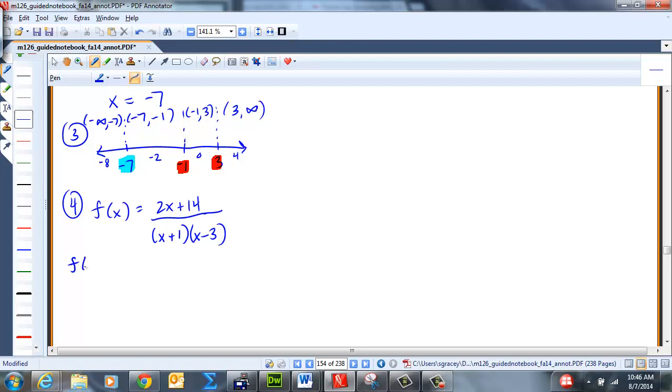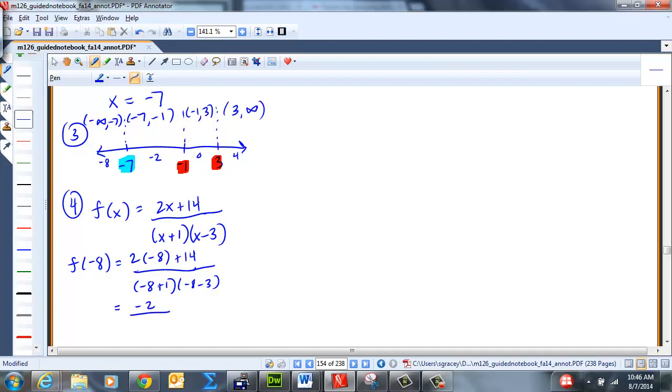So starting with f(-8), we'll get (2 times negative 8 plus 14) divided by (negative 8 plus 1)(negative 8 minus 3). Negative 16 plus 14 is negative 2.